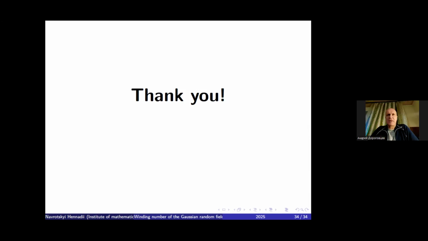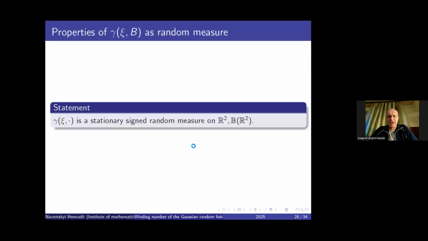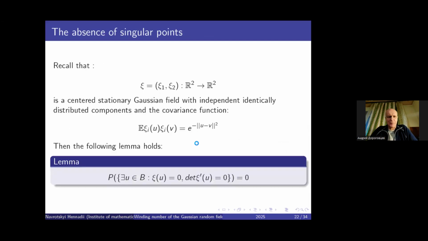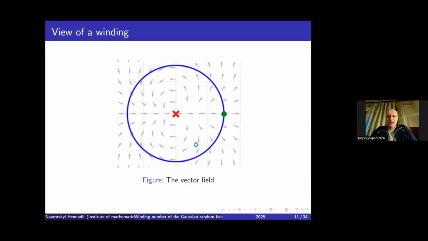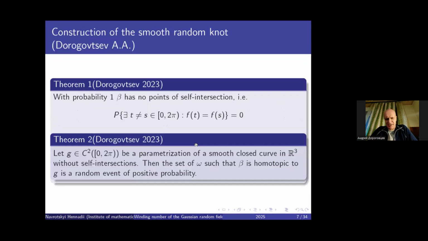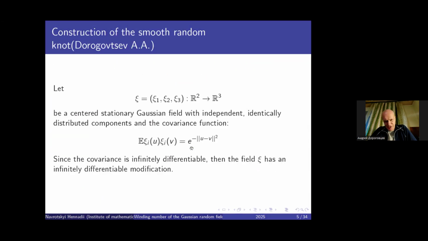Not only. I think that at least in the knot model, again, can you show us slide number 5, about the properties of the random knot, which is obtained as an image of the smooth curve. Let's go two slides further.